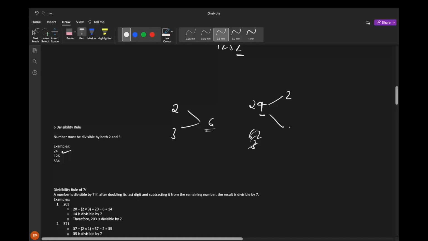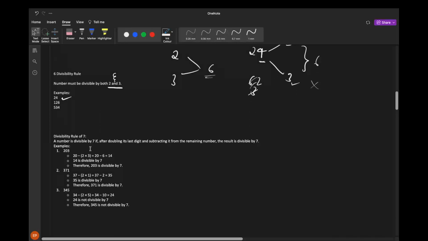Yes, it's dividing, which means it is divisible by 2 and 3, so it is divisible by 6. The rule is the number must be divisible by both 2 and 3. This condition is important. If it is dividing by 2 but not by 3, then no. It has to divide by both the numbers 2 and 3. That's why here I am mentioning 2 and 3. Both are a must.